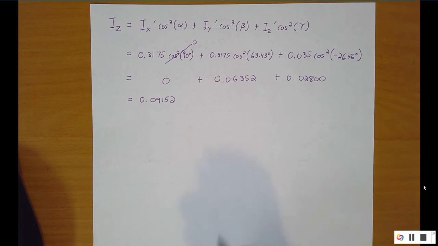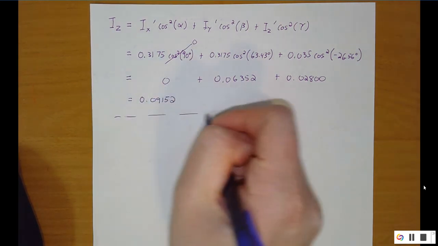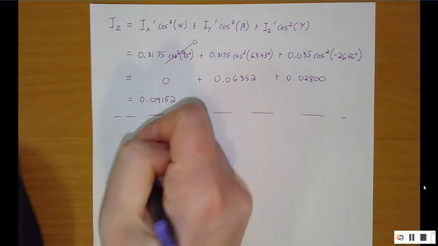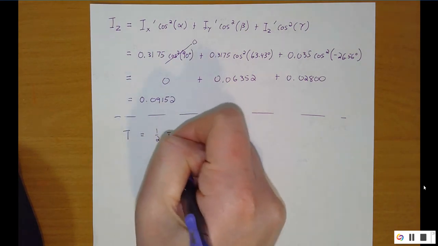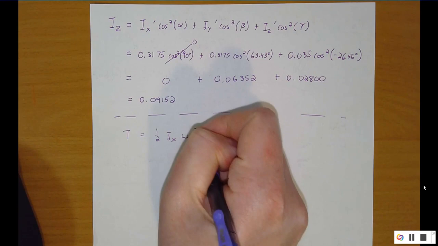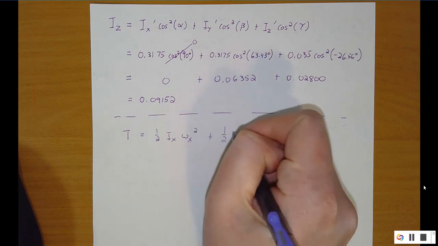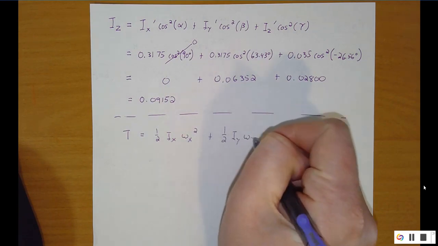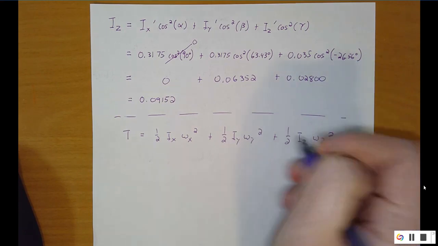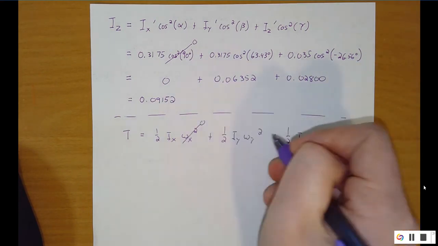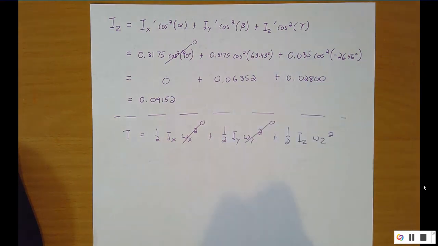So if we bring back our equation, we know that T is 1/2 IX omega x squared plus 1/2 IY omega y squared plus 1/2 IZ omega z squared. We established that omega x and omega y were 0 because we have an instantaneous axis of rotation here.